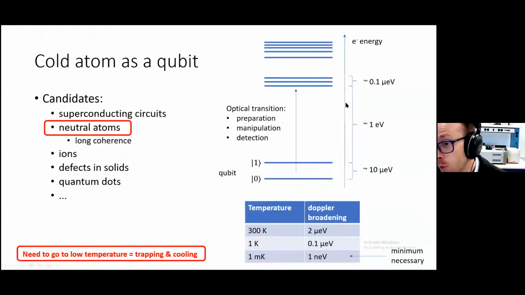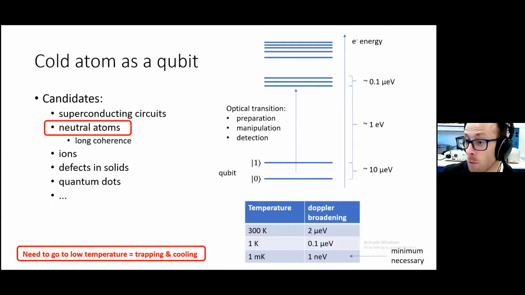If we want to have good preparation, manipulation, and detection capability, we need to have very high spectral resolution on this transition. And typically, what we want to aim for is a few megahertz resolution.